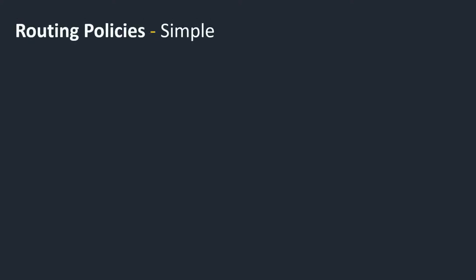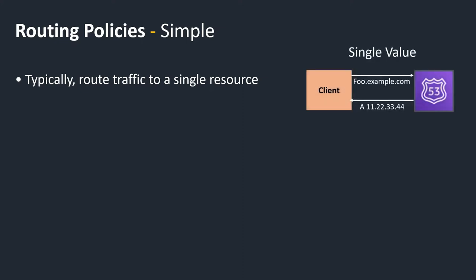The first one is going to be the simple routing policy, and the idea is that with this, which we have actually been using before, we are going to route traffic to a single resource typically. So here is an example.